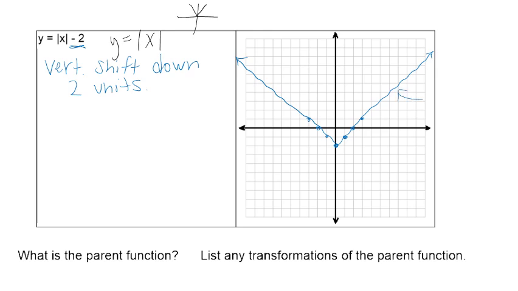So this graph is the graph of y equals absolute value of x minus 2. Again, give ourselves some labels. Okay.